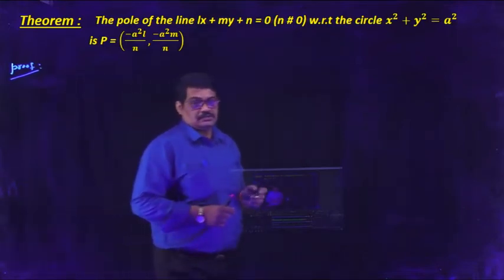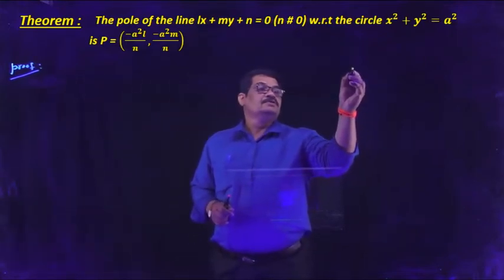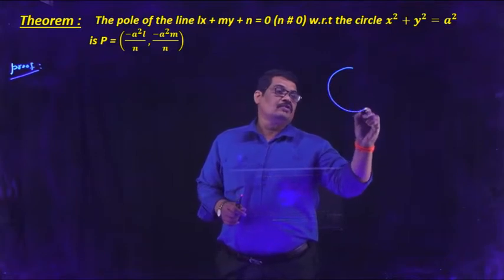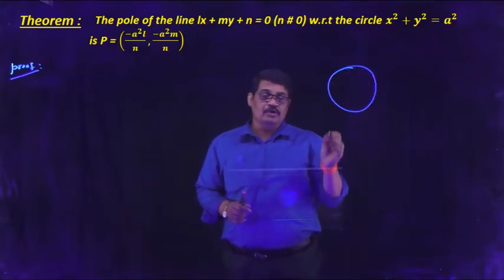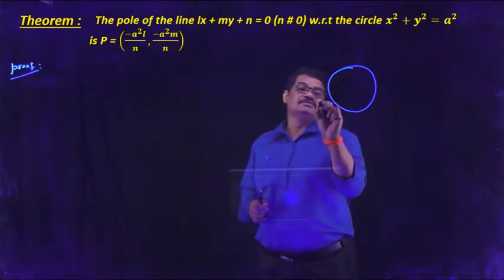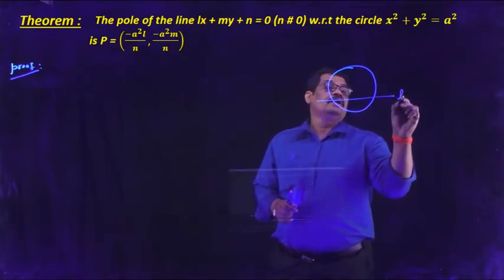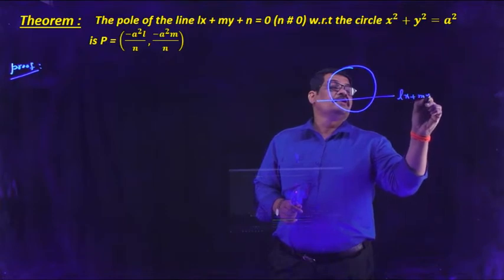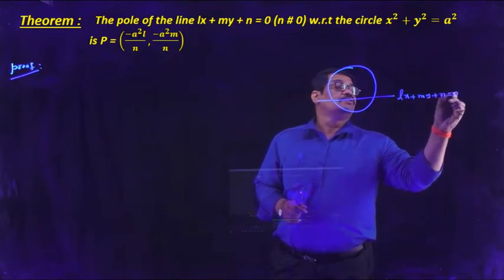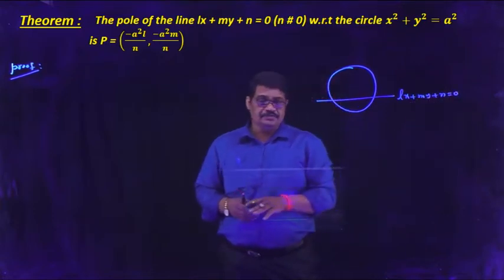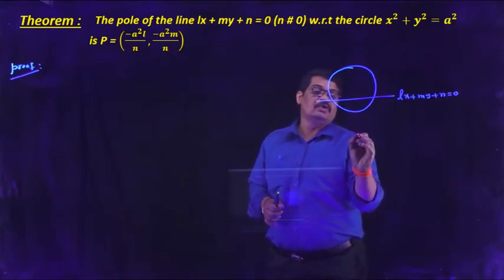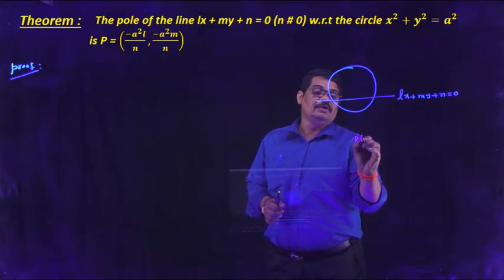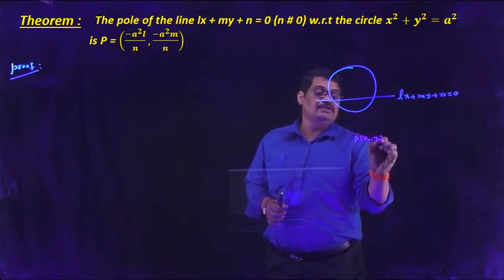Look at this diagram. This is our circle. Now we have to find the pole of the line. Suppose this is the line Lx plus My plus n is equal to 0. This is the given line. Now we have to find the pole. Let P (x1, y1) be the pole.